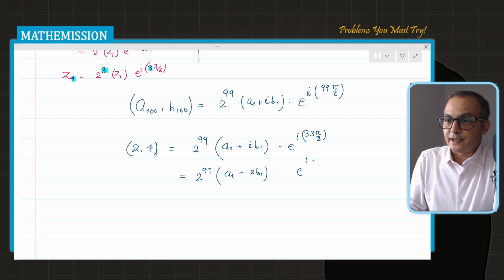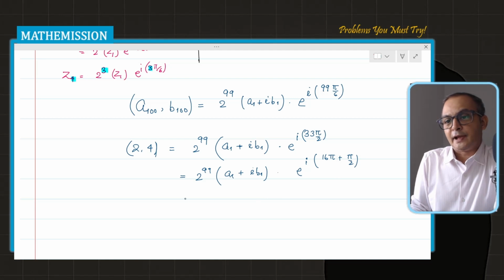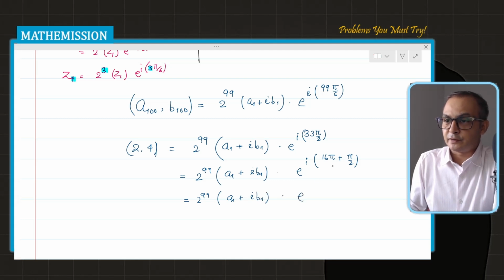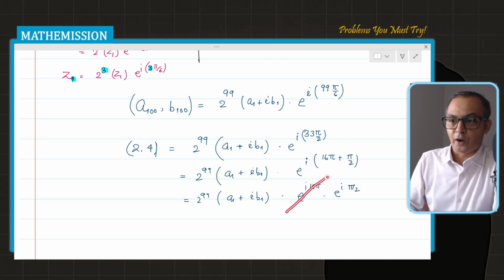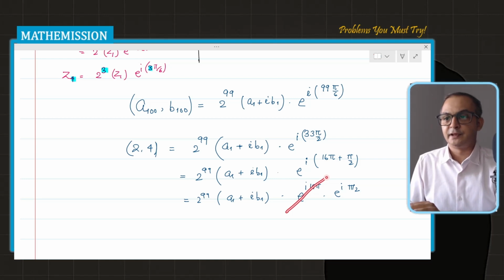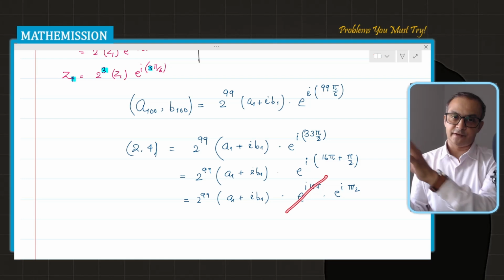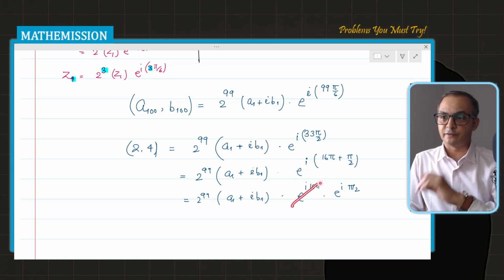You can write this as 16 pi plus pi by 2, and this remains the same, A1 plus iB1, and here we can write as e to the power i 16 pi into e to the power i pi by 2. You can notice that this value is 1 only, because this will turn into cos 16 pi plus i sine 16 pi. So cos 16 pi, cos of even multiple of pi, will give you 1, and sine 16 pi will give you 0, so this will give you 1 only.